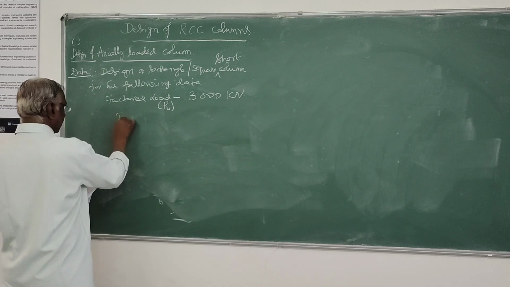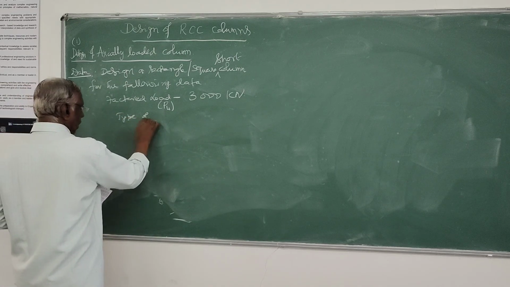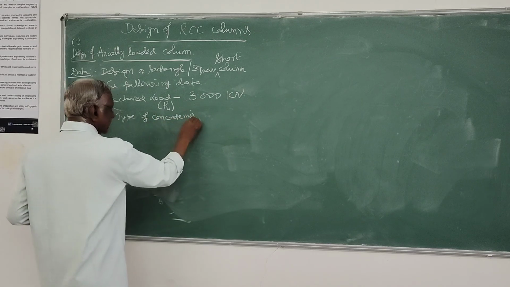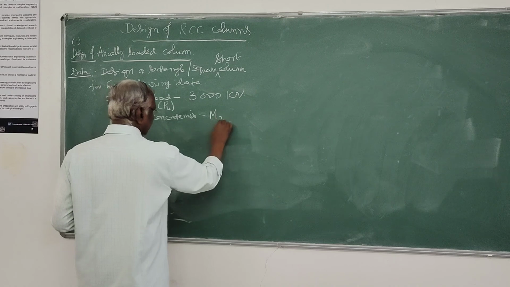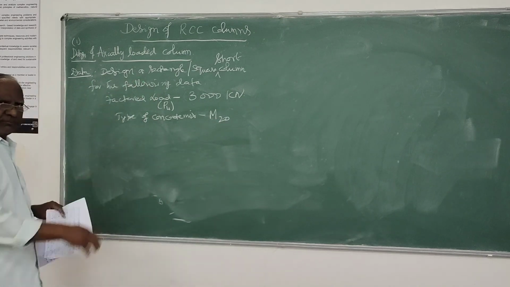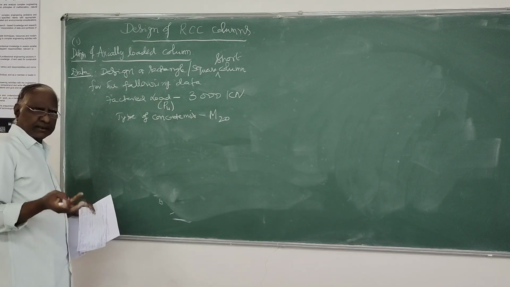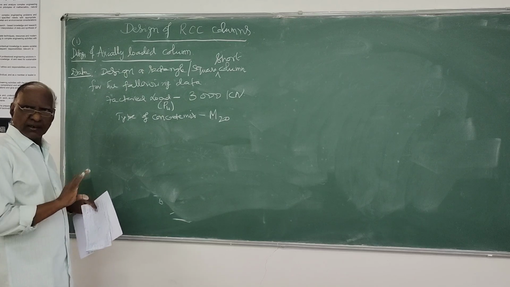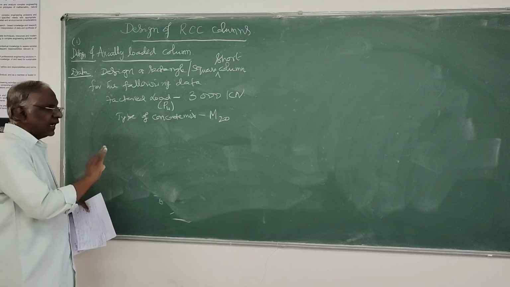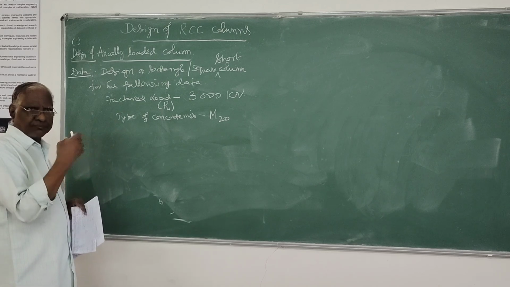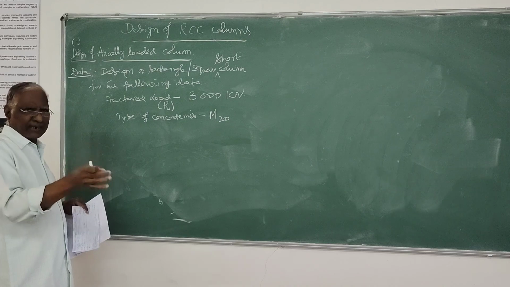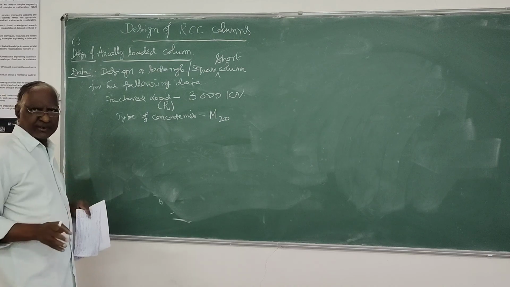This is generally denoted by the symbol Pu, factored load. Then type of concrete mix is M20. Generally we use M15, M20, M25, M30 mix, four types of concrete mix, and three types of steel: Fe415 grade, Fe500 grade, and mild steel, Fe250 grade.